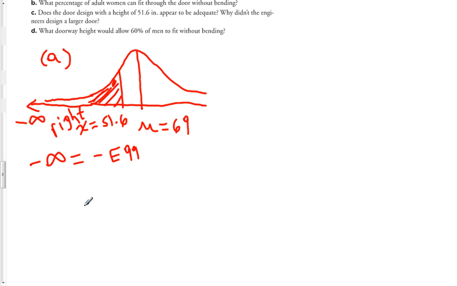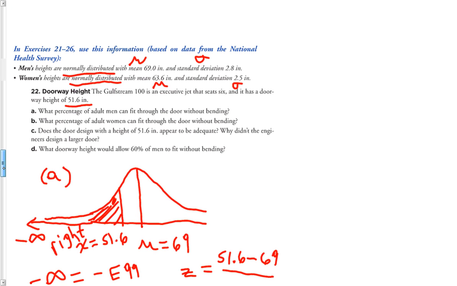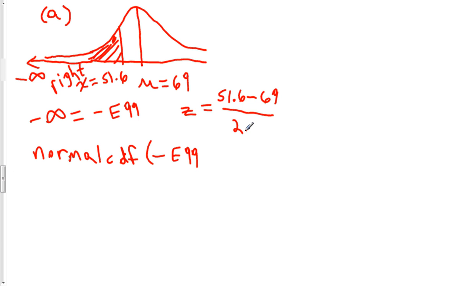So we're going to use the normal CDF, and we're going to plug in for the left endpoint negative E99, and for the right endpoint, the z-score corresponding to an x value of 51.6. So let's find that z-score. Z is equal to x, which is 51.6, minus mu, which is 69, divided by the standard deviation, which here is 2.8 for men.